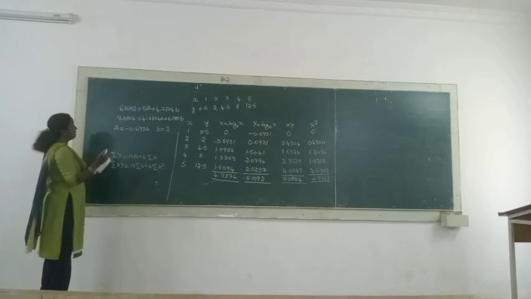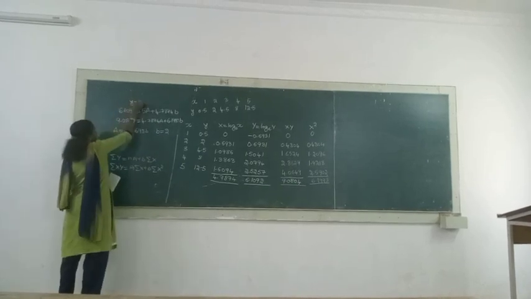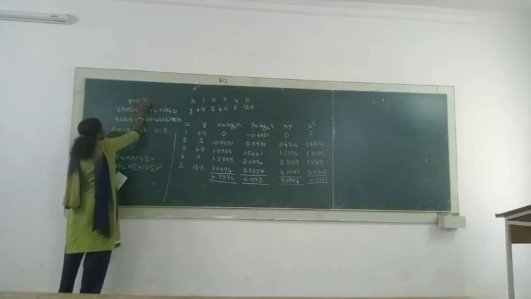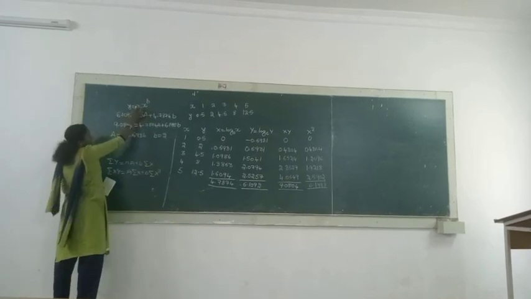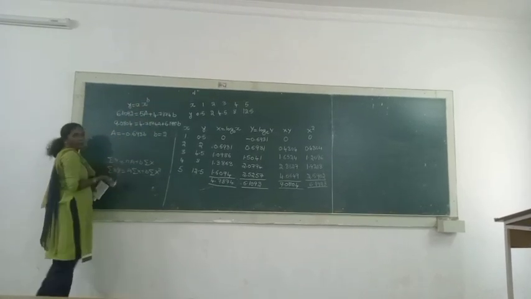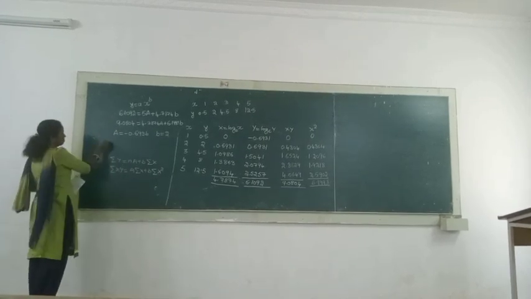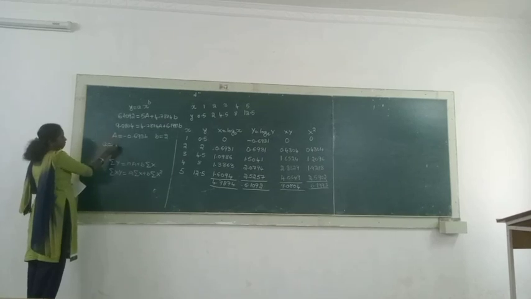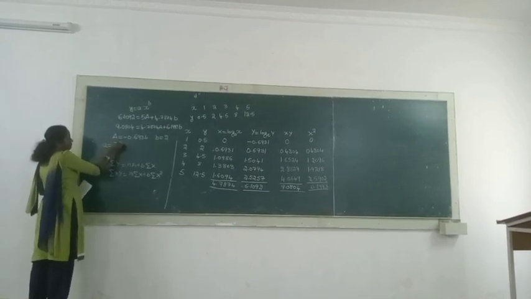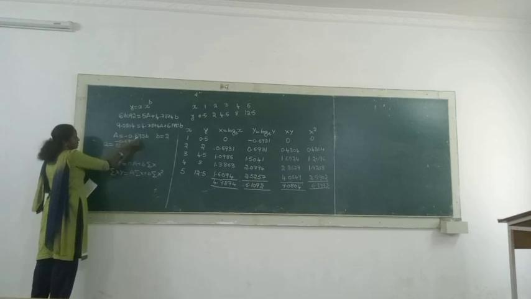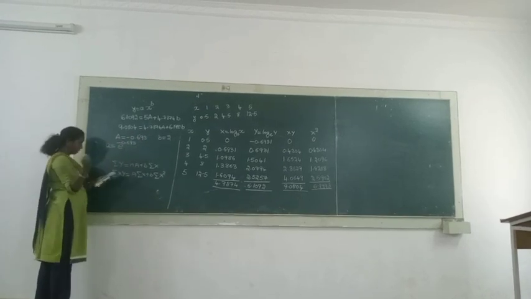Note that the given geometric curve was y is equal to a into x to the power of b. So we want the value of small a, not the capital A. We know that capital A is nothing but log of small a. So small a will be the anti-log of A, that is e to the power of minus 0.6931.